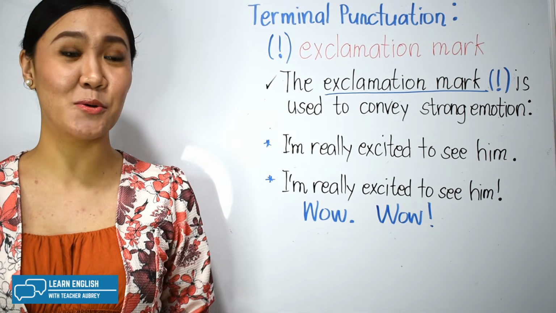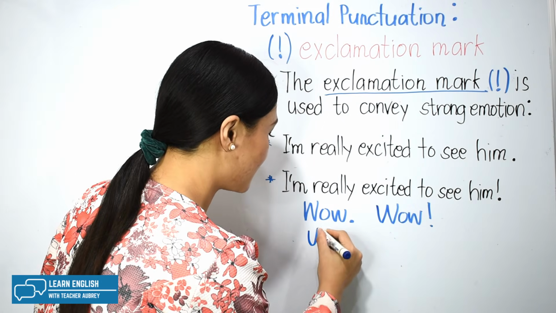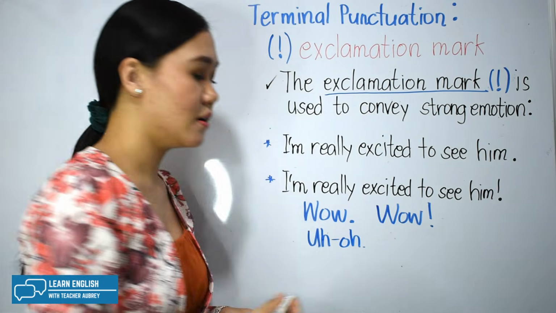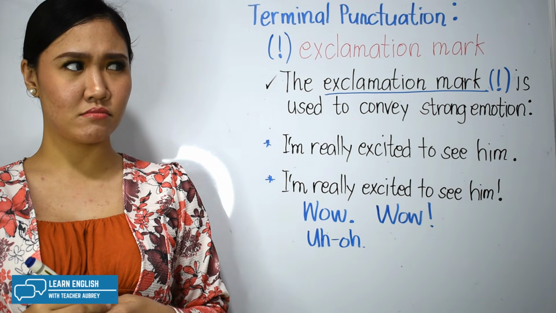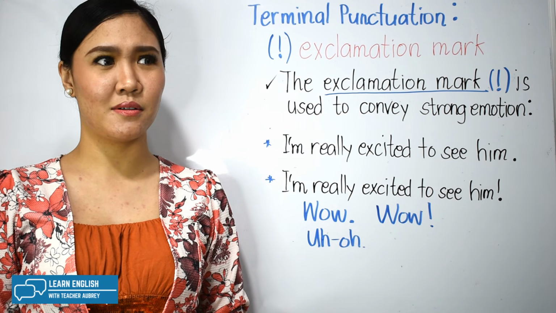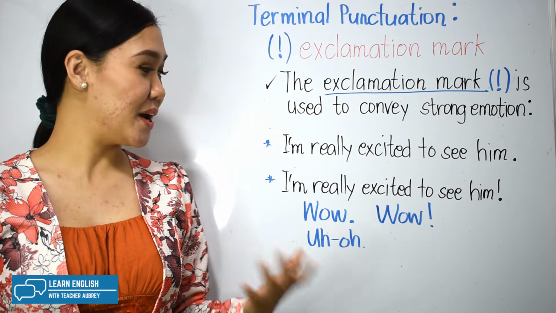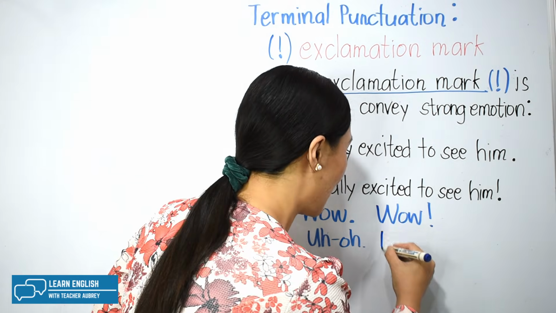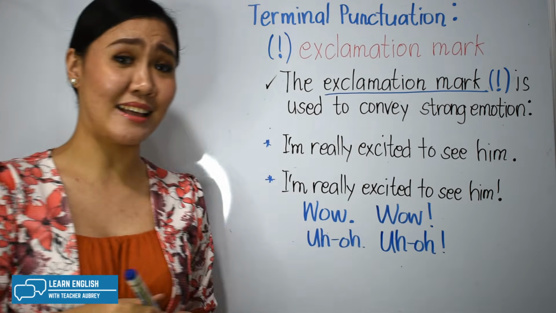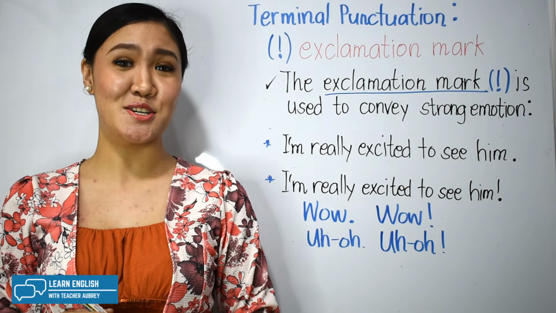Maaaring nabigla ka, nagulat ka. Maaaring mo naman sabihin, uh-oh. Pag binasa mo ito, sasabihin mo lang na, uh-oh. Wala kang pakiramdam. Pero ang tamang sabihin, ang tamang damdamin dyan ay, uh-oh! Para kang nagtataka na nagtatanong. Gagamitan mo rin ang exclamation mark.